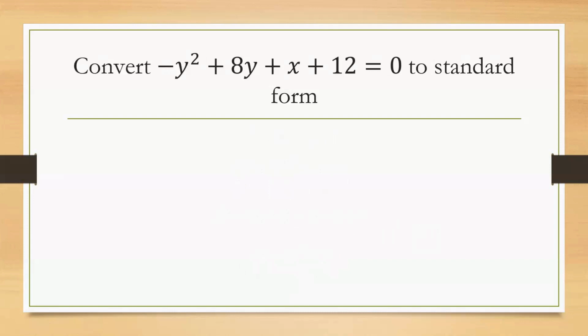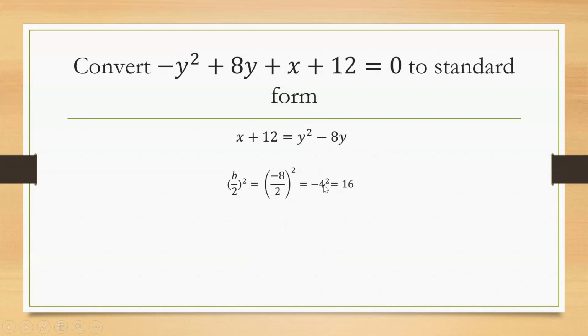Next, negative y squared plus 8y plus x plus 12 equals 0. So again, we move the y's to the other side to make the y squared positive. And then we complete the square. We get the value of b, which is negative 8. We divide that by 2, we get -4.